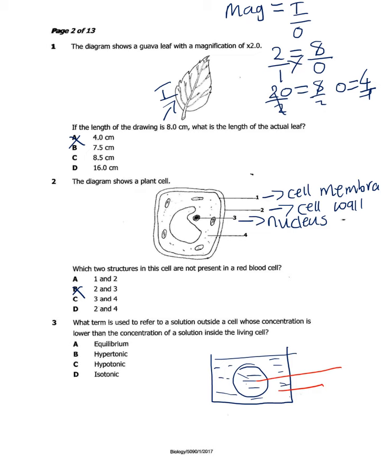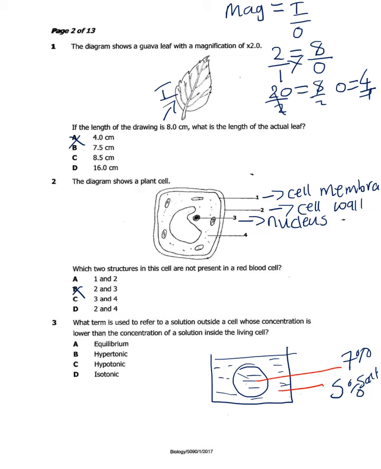So let's say we have 5% of salt here. Then the cell may have 7%. So we are saying the concentration of the solution in the cell is higher than the solution where the cell is placed.